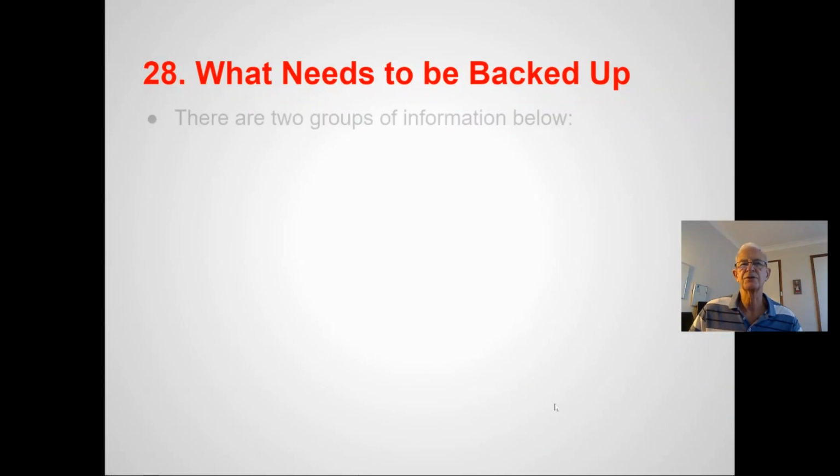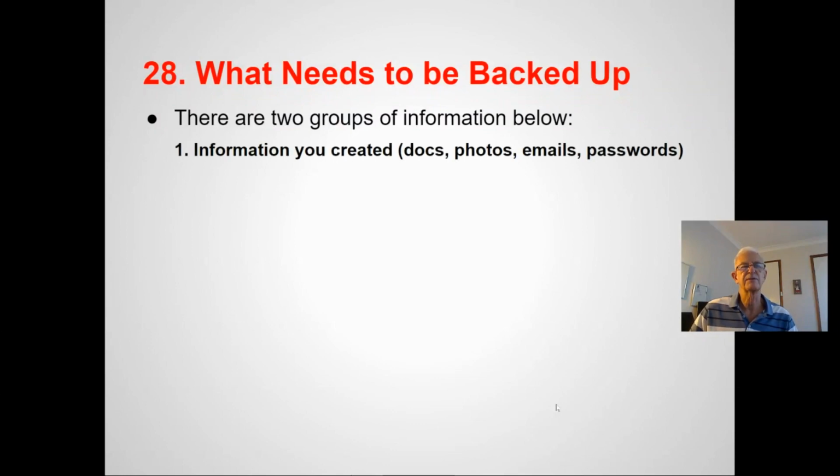Well, there are two groups of information that are important to the smooth running of your machine. The first group is the information you create, the information you have created since you bought the machine.